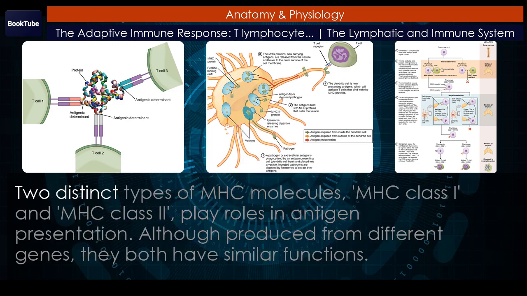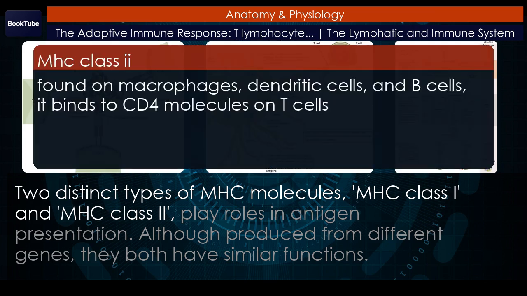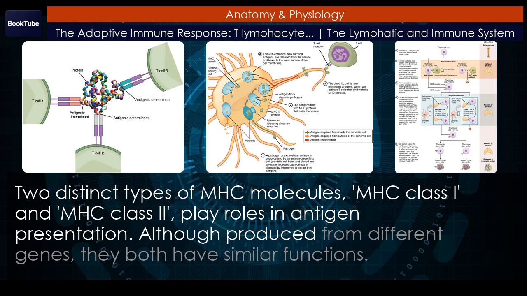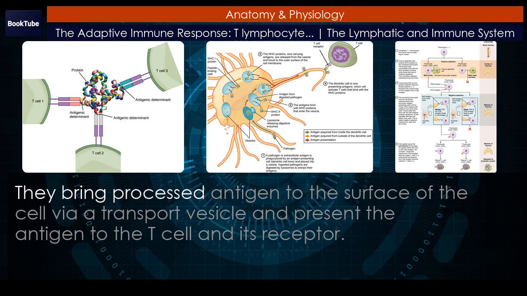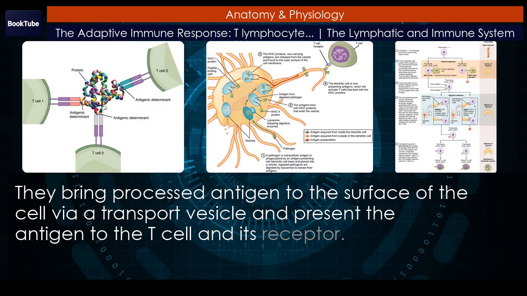Two distinct types of MHC molecules, MHC class 1 and MHC class 2, play roles in antigen presentation. Although produced from different genes, they both have similar functions. They bring processed antigen to the surface of the cell via a transport vesicle and present the antigen to the T cell and its receptor.